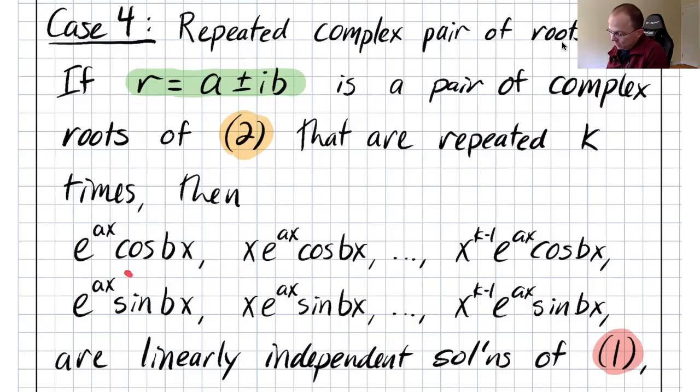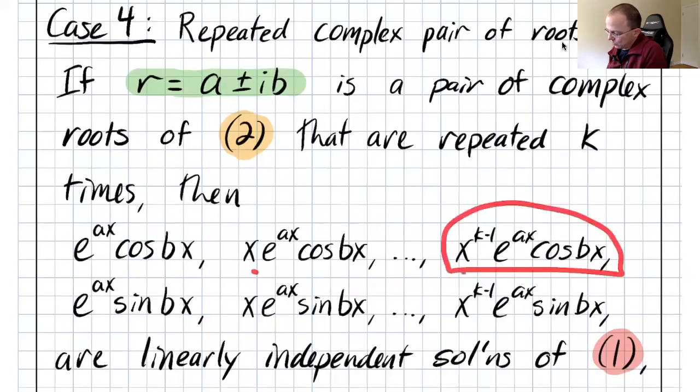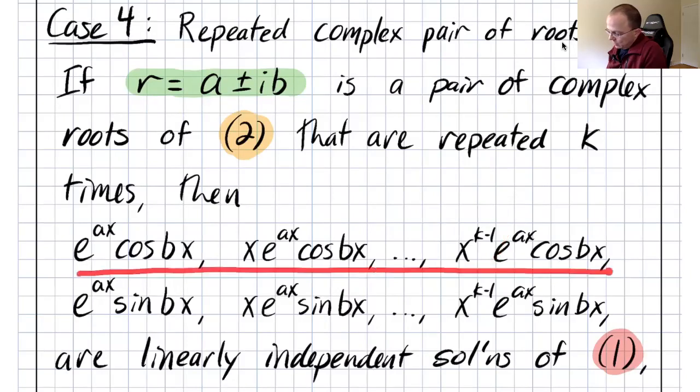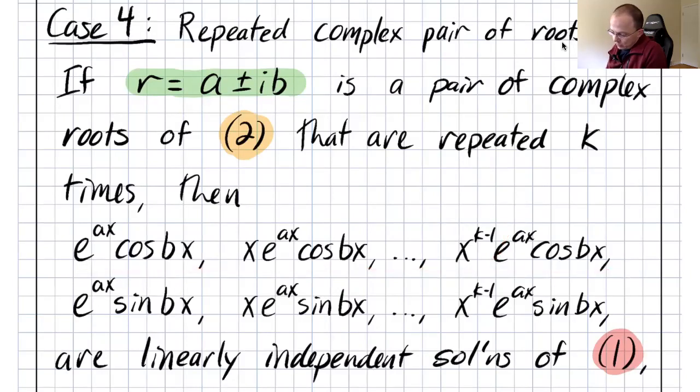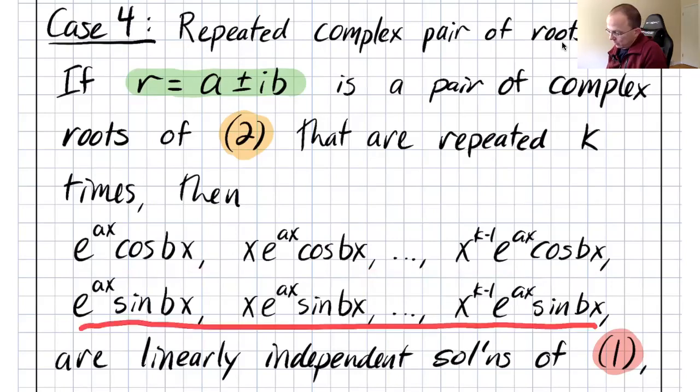So this is 1, and then this is 2, and so on. This is the kth solution with x to the k minus 1. That gives us k linearly independent solutions. Then we do the same thing with e to the ax times sine bx, multiplying it the same number of times.